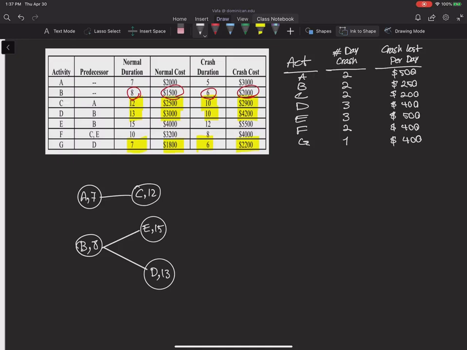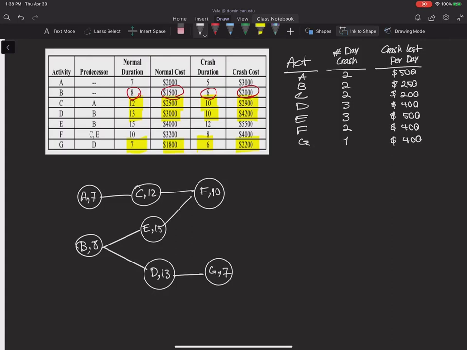And then activity F, as I said, starts after C and E. So this is how I will show it, and this will take 10 weeks. And another final activity is activity G, which starts right after D and takes 7 weeks to finish.